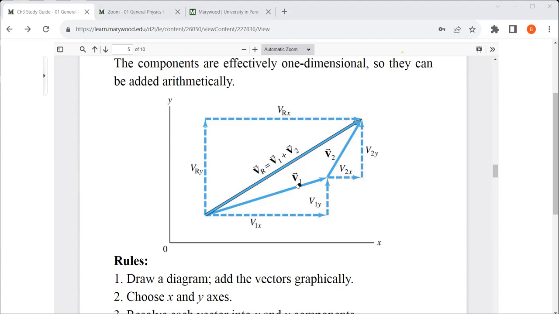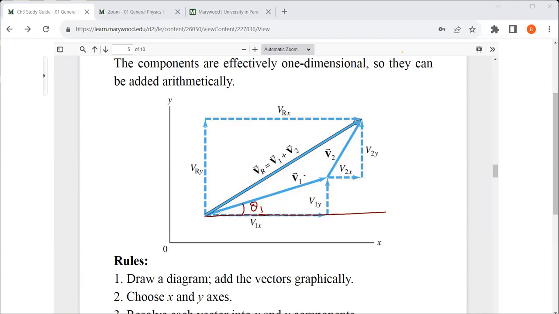Let's say this is v1, and let's say this makes an angle theta 1 with the horizontal. Theta 1 is the angle that this vector v1 makes with the horizontal, and horizontal means the x-axis.